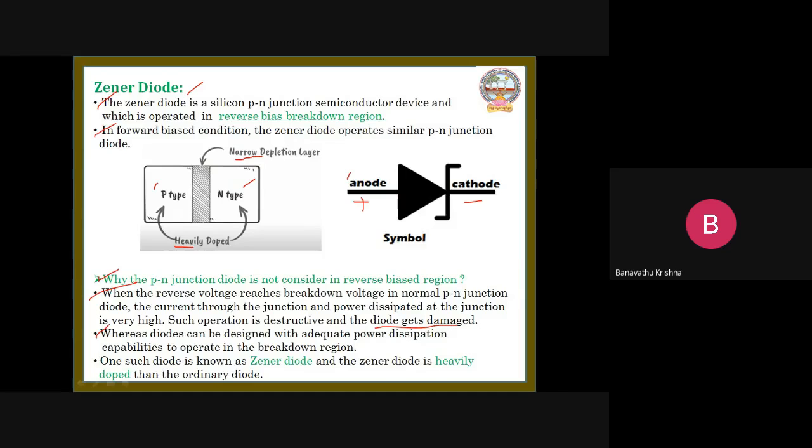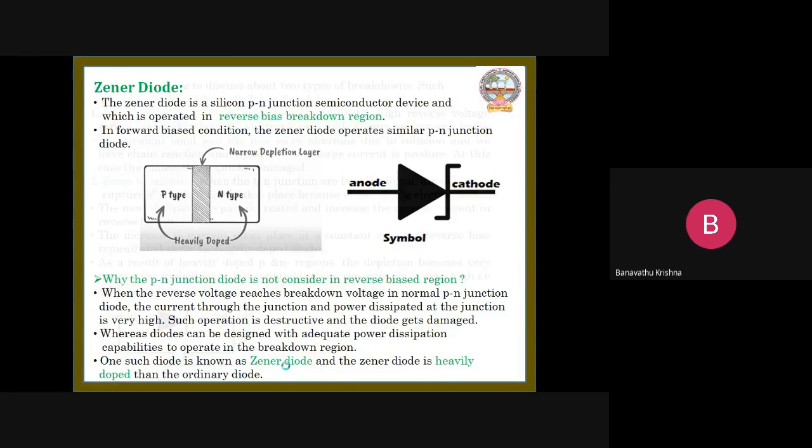In order to overcome this problem, we go with another device, that is nothing but the Zener diode. The Zener diode can be designed with adequate power dissipation capabilities to operate in the breakdown region. One such diode is known as the Zener diode, and the Zener diode is more heavily doped than the ordinary diode. Right.